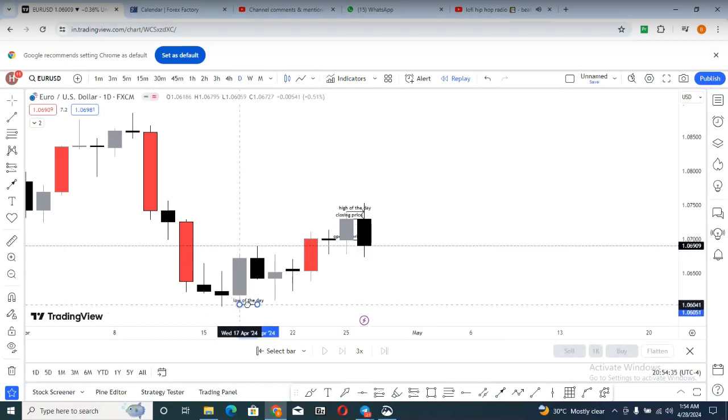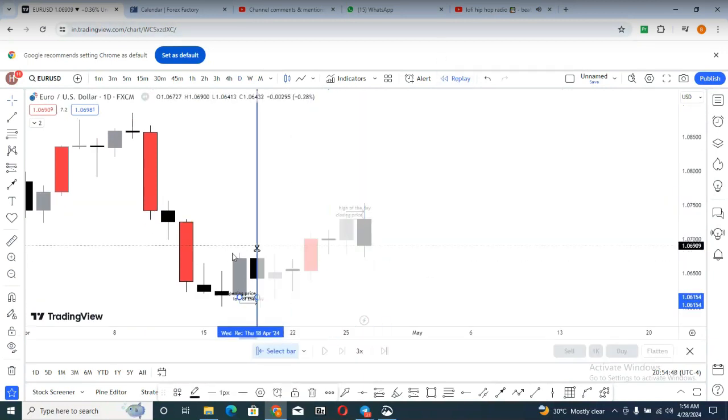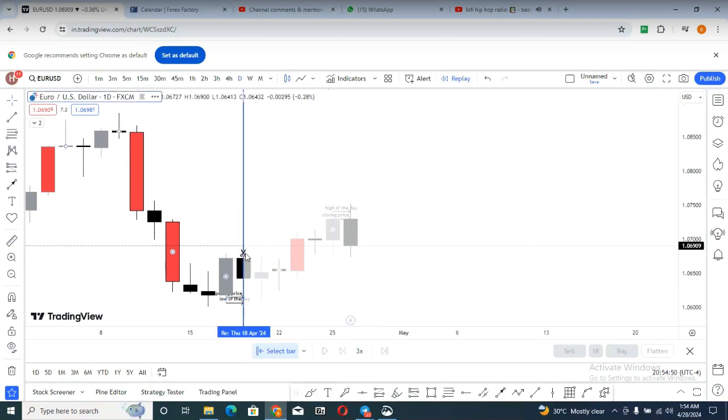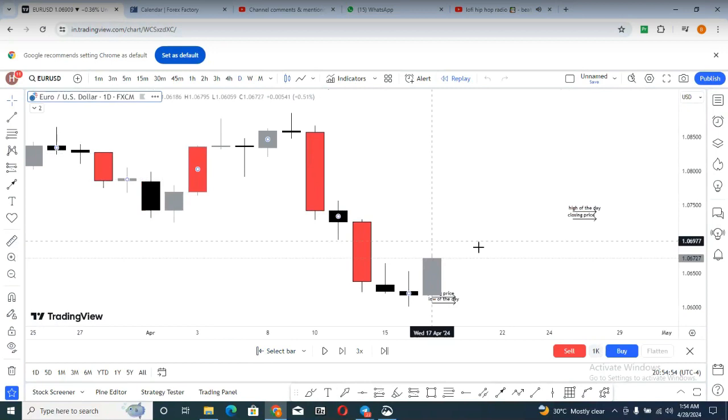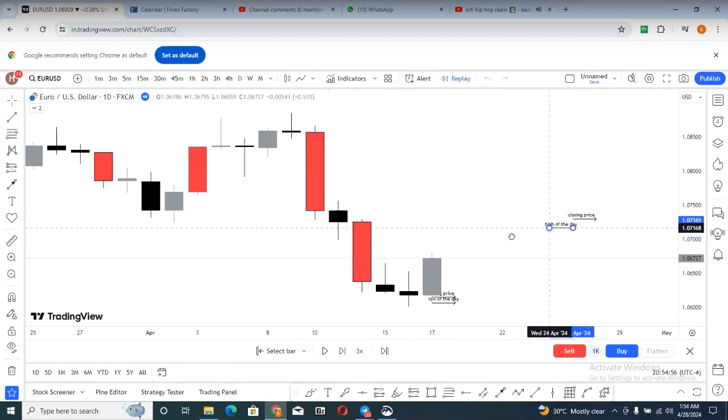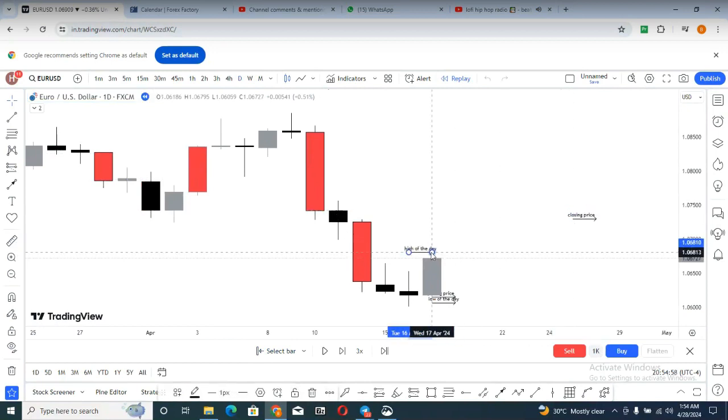It doesn't happen that way because that's a low, the opening, the high and the close.